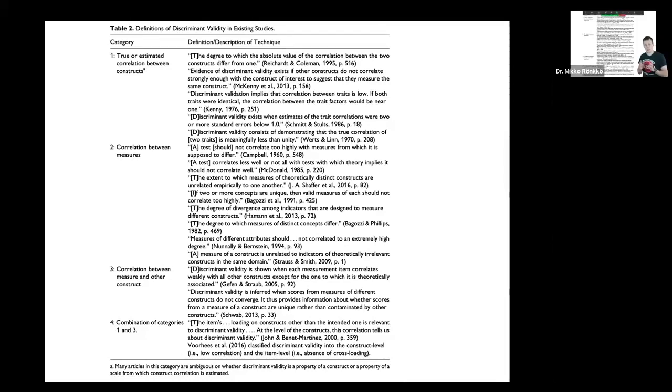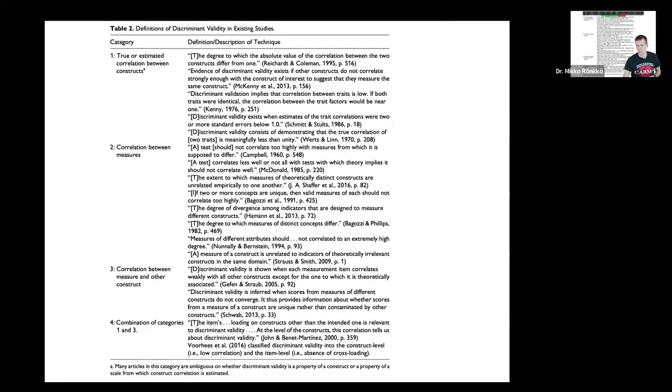Some people understand it as a property of measures. Some understand it as a property of constructs. Some understand it as a correlation between constructs, or a result from a factor analysis, or some combination of these. And we started our paper by synthesizing one definition that would capture how researchers are currently using discriminant validity.